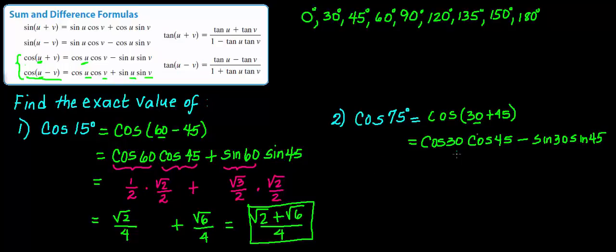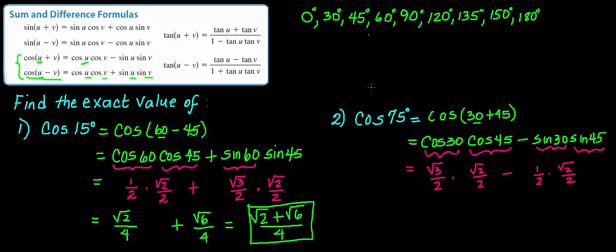And now, since we know these values, we're going to rewrite this with its exact value. So the cosine of 30 degrees, that's the square root of 3 over 2, times the cosine of 45 degrees, that's the square root of 2 over 2, minus the sine of 30 degrees, that's 1/2, times the sine of 45, which is the square root of 2 over 2. And now we simplify the expression. Remember to multiply before you add or subtract.